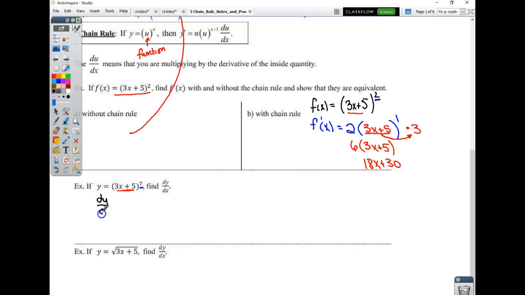And if I want to find dy/dx, we would take the derivative of the outside, 7 times whatever was inside there to the 6th power. We would have 3x plus 5 was what was on the inside, and I take the derivative of that and get, my final answer is 21 times 3x plus 5 to the 6th.